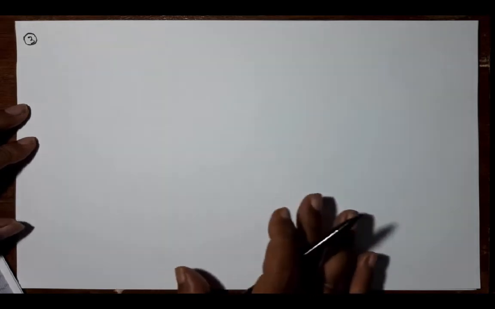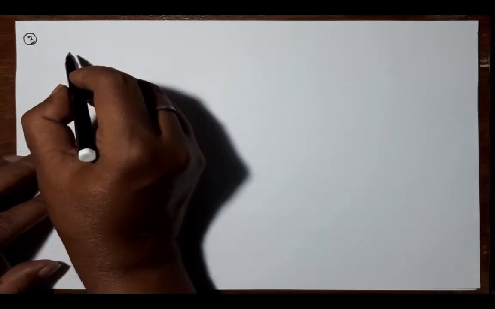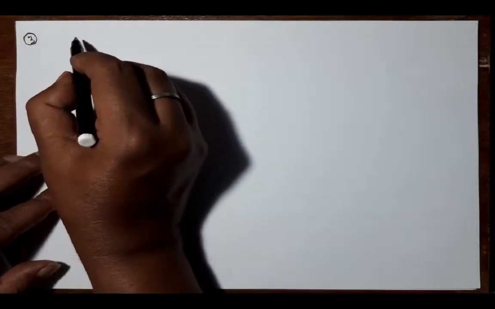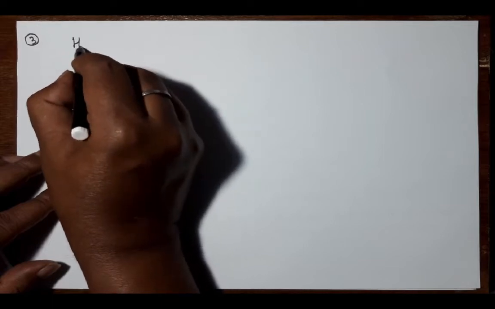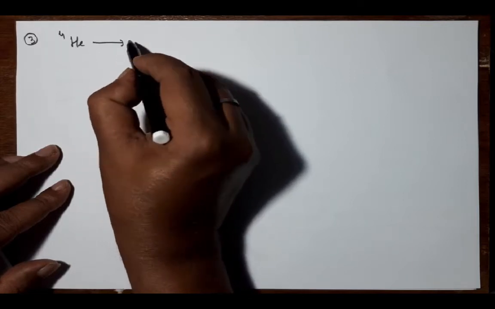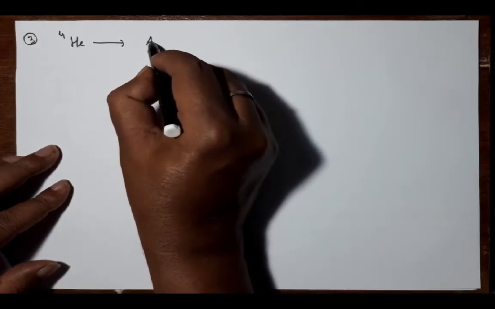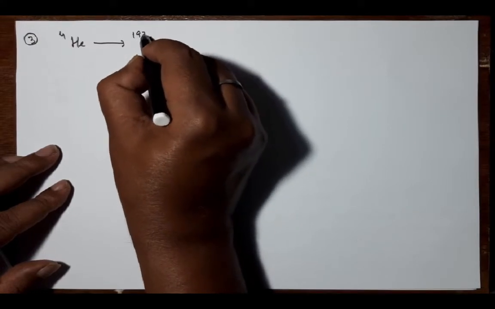Now let us go to the third question. Third question is like this. We have an alpha particle going towards an aurum nucleus.